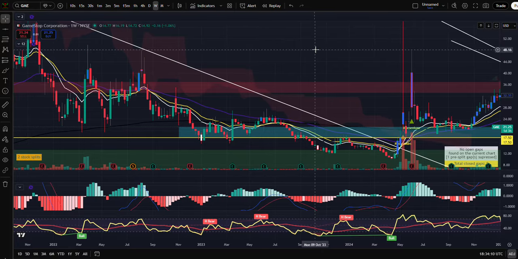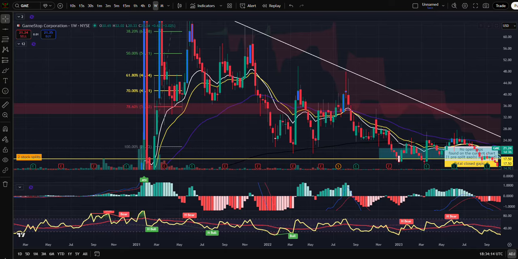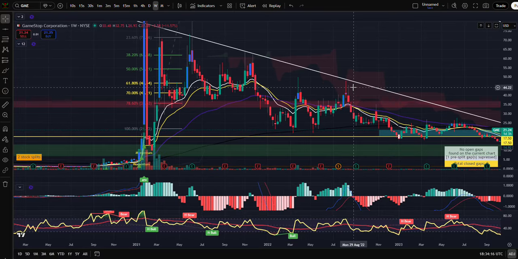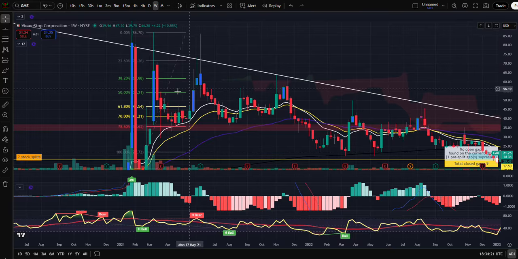The only time GameStop can really squeeze and have much more price action is if there is a full candle above this liquidity zone.